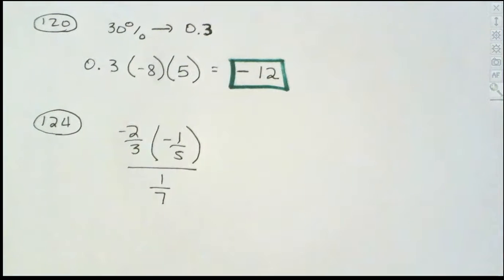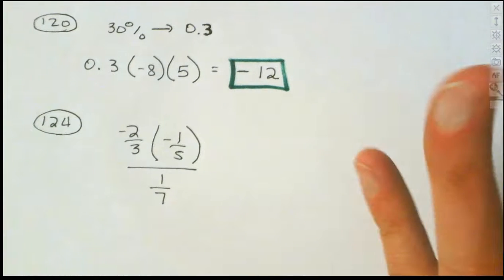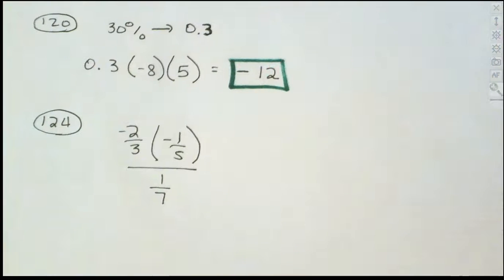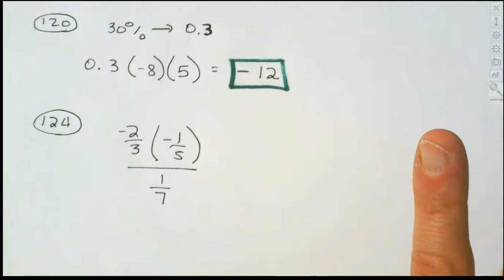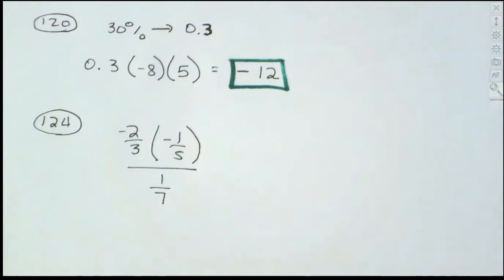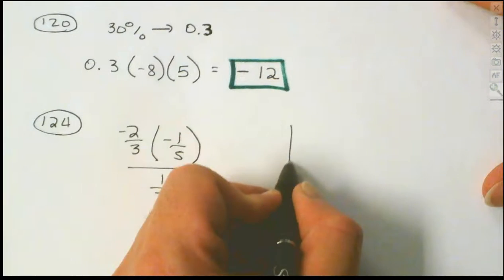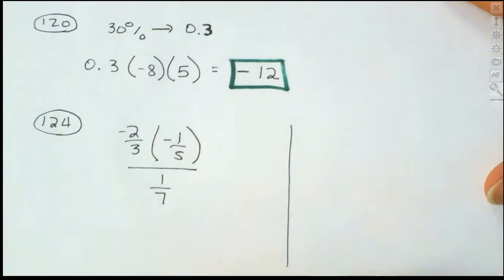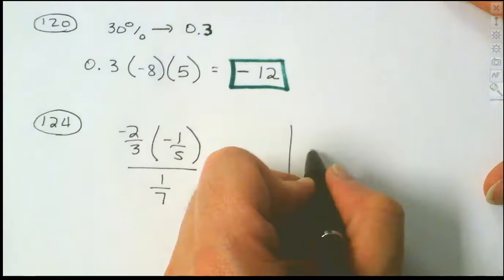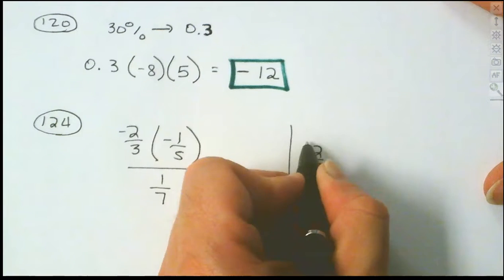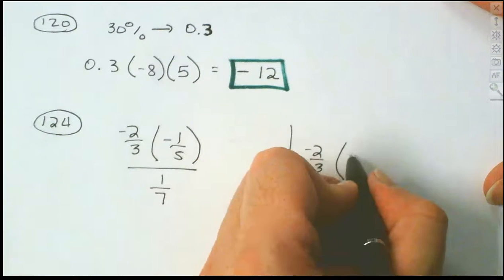This is going to make us kind of remember and talk about how to handle a fraction over another fraction. It's not difficult at all because it's not adding, so we're not going to need common denominators. This is strictly multiplication, so no common denominators are going to be needed. But I am going to kind of break things up on the side. So we've got a -2/3 times a -1/5.